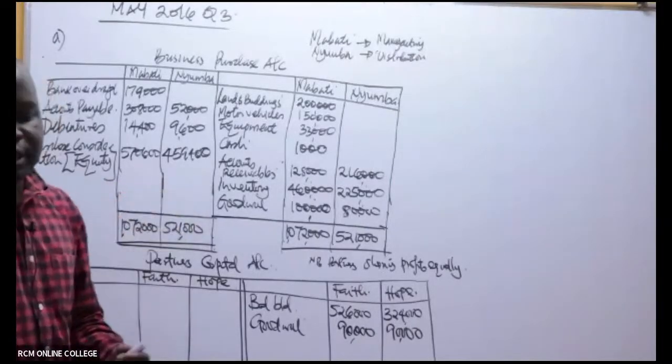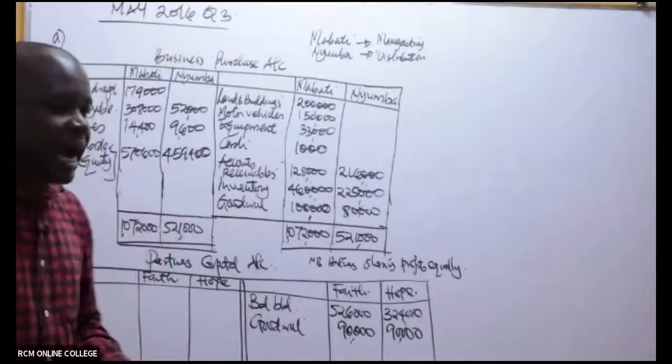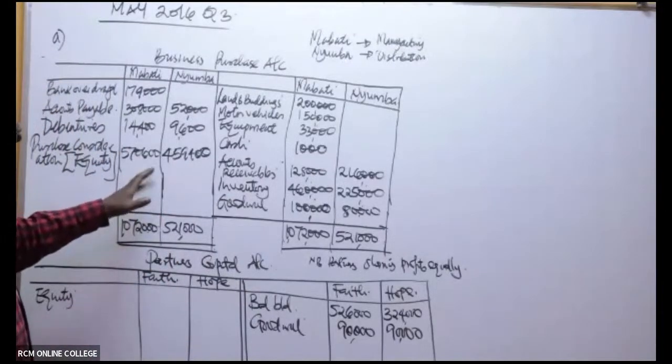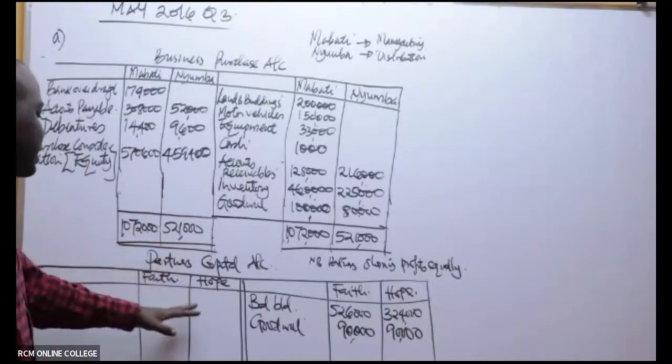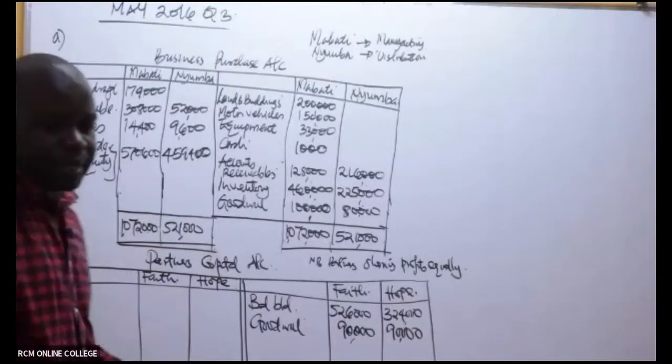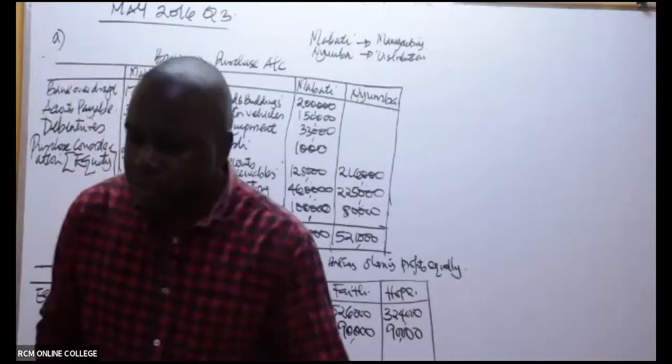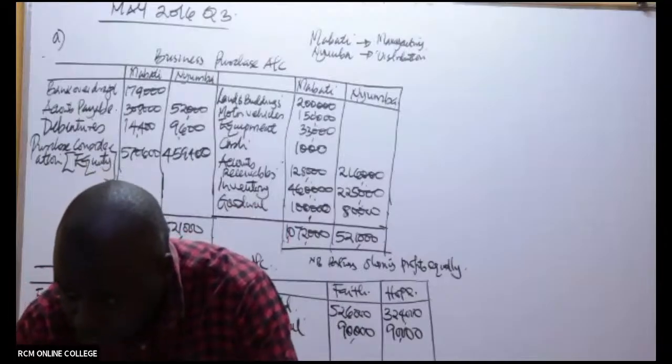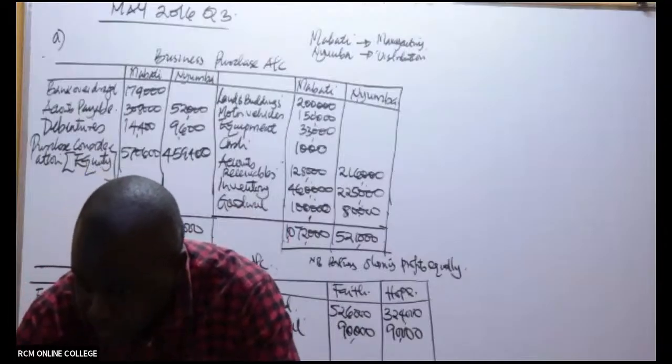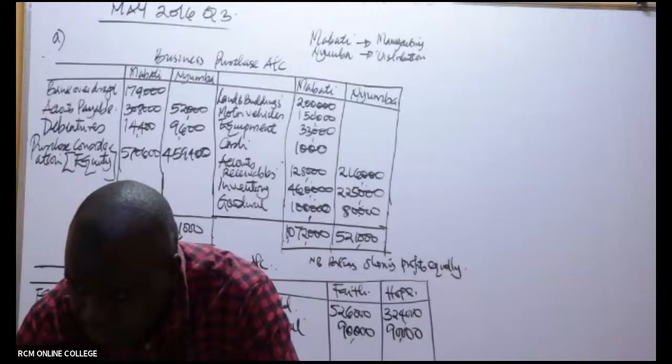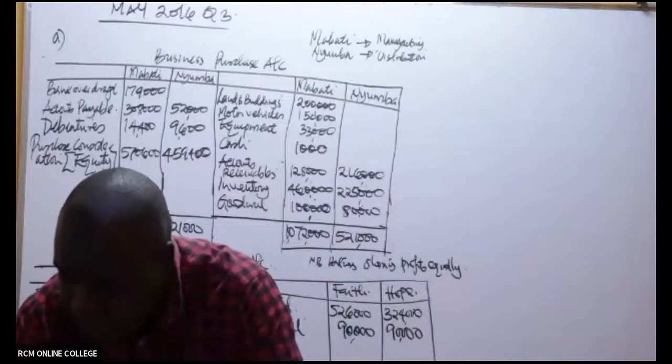But now if you look at note number 3, tumeambiwa how this capital is distributed amongst these partners and of course the different companies. So if you look at note number 3, on January 2016, the purchase consideration was settled by the allotment of fully paid ordinary shares of 20 each in the respective companies as follows.